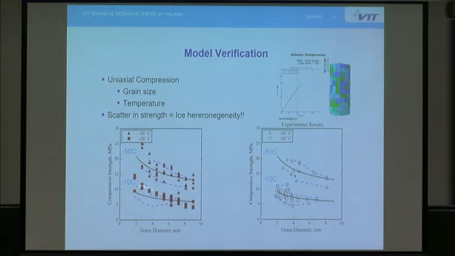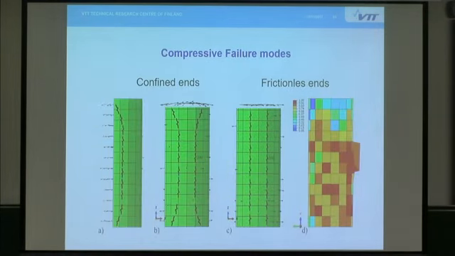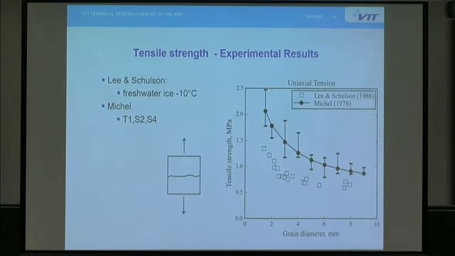And it is quite similar to what we can have in tests. This is a failure mode. If ends are confined, so there's friction, then the failure mode is a bit conical shaped. When ends are free, then the model predicts pure splitting along direction of compression.